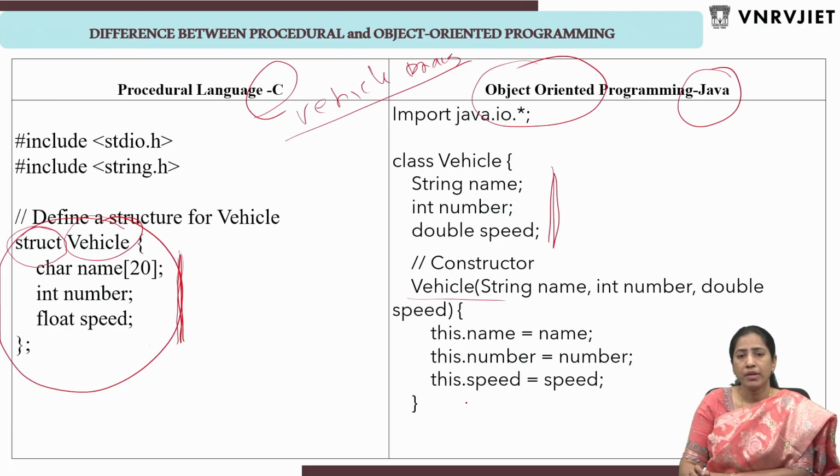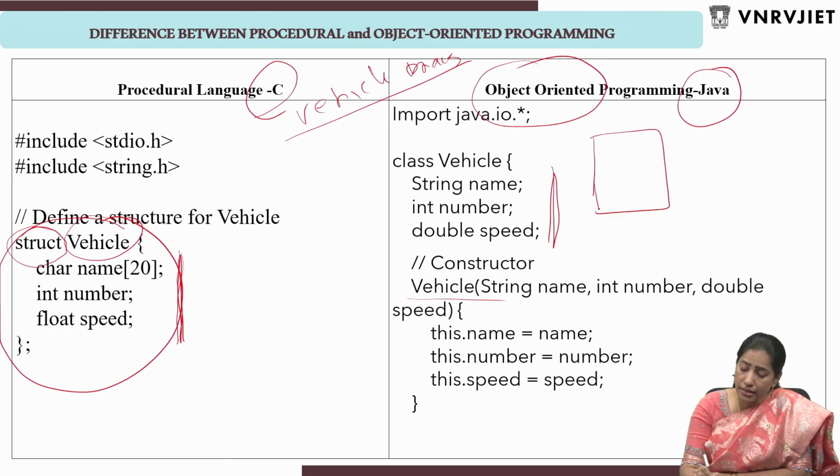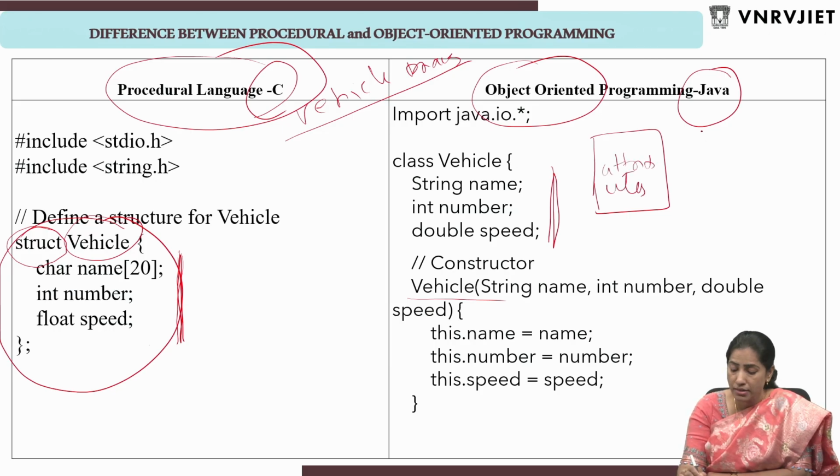We will see what those methods are. If you take a structure in a procedural language, we will have only attributes, properties, members. Whereas if you take an object-oriented language, we don't have only members, attributes.